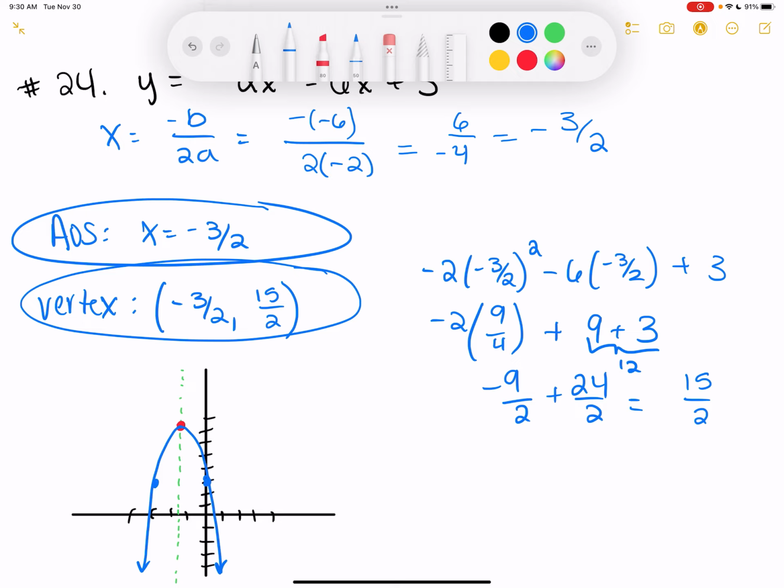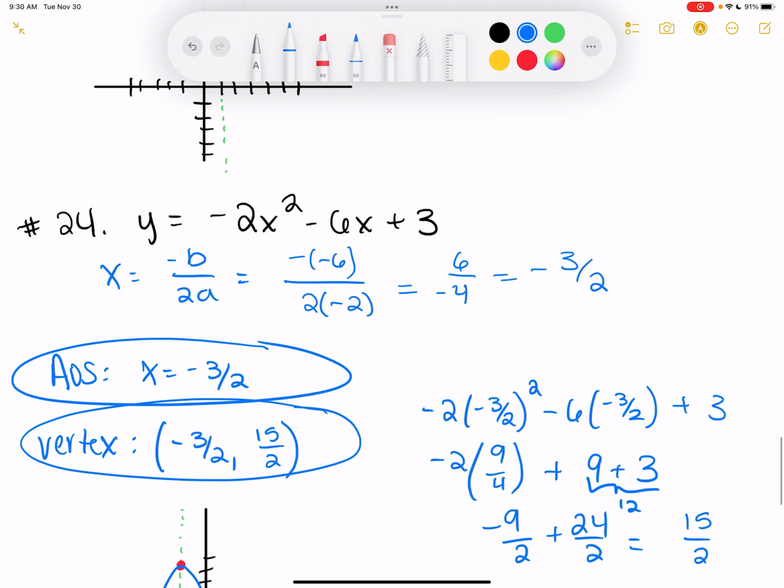Wait, hold on. I just don't understand, can you just tell me how the fraction works? You plug in the x value to this equation, and then you solve it.